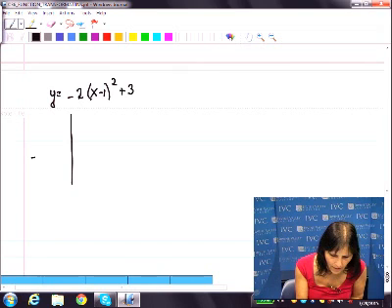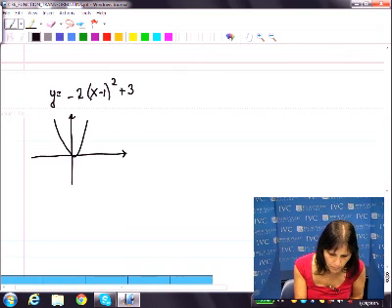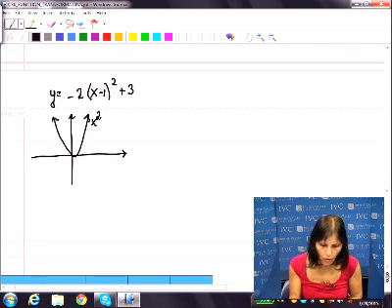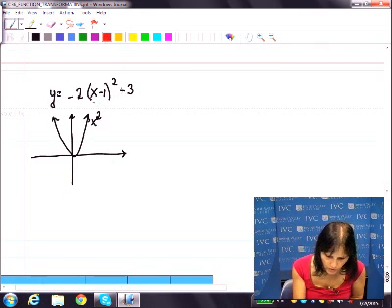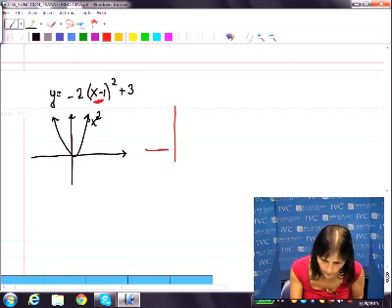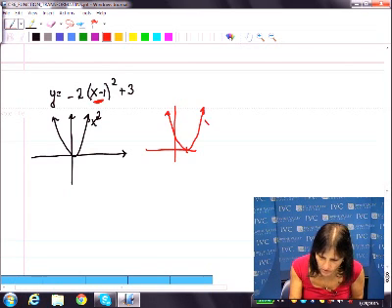So I recognize I take the x squared basic parabola and do things to it. So let's do this first: x minus 1 squared. What will happen to it? It's not going to change its shape, but this is the picture of x minus 1 squared.